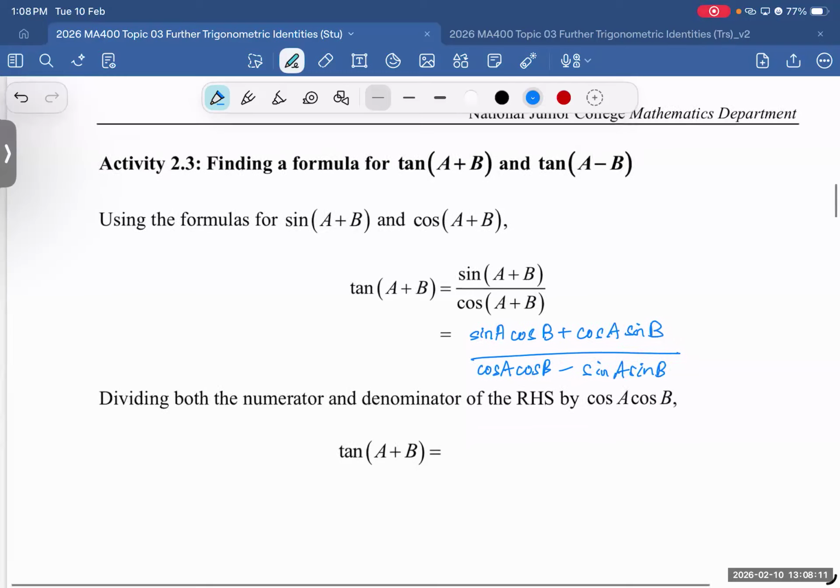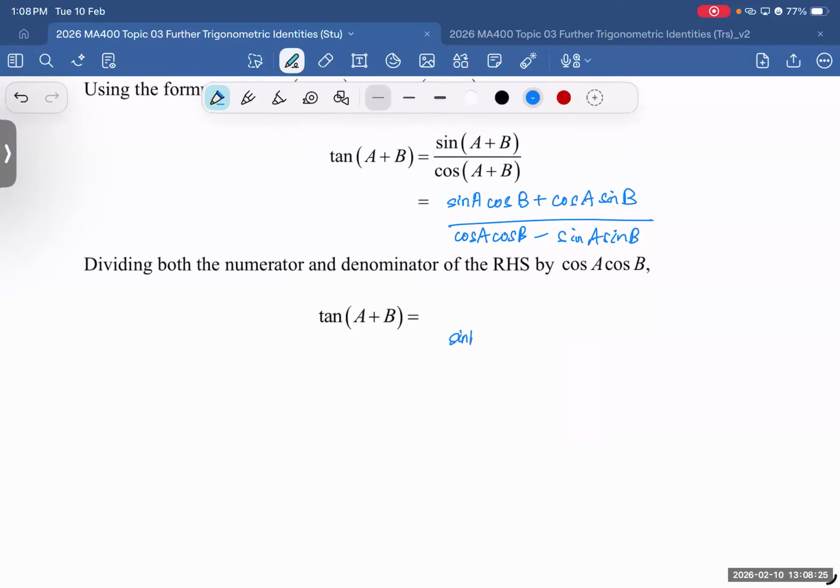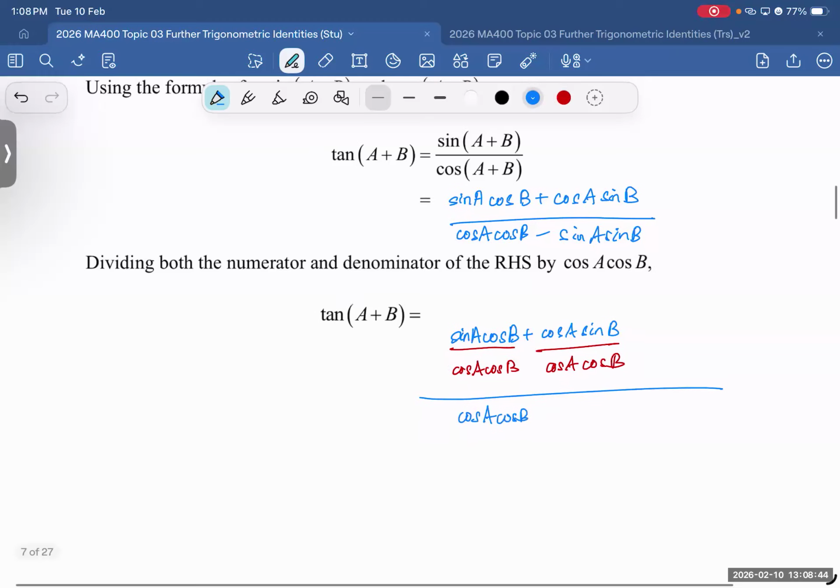Now, if you have this, divide both the numerator and denominator by cos A cos B. Do you understand what they're asking for? Both numerator and denominator are divided by the same thing. Sin A cos B plus cos A sin B. Please divide everyone by cos A cos B. Guys, if you do this, you are going to get something.